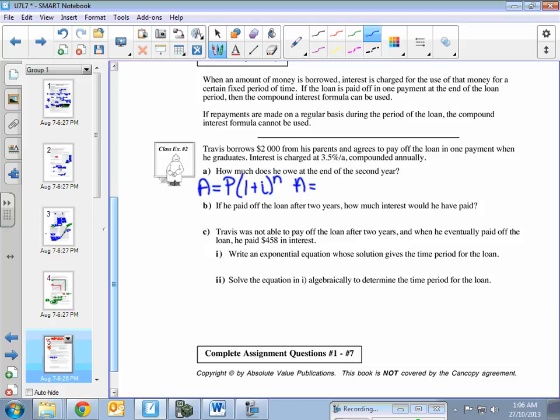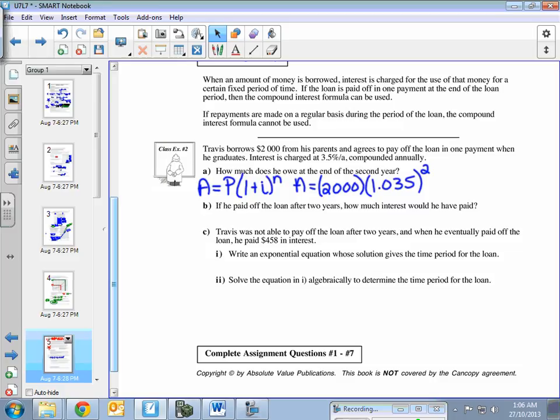A is the amount at the end of the year. Travis is borrowing $2,000, so that'll be our P, our principal. And if the interest is being charged at 3.5%, so we have 3.5% plus 1, it'll be 1.035. And if we're talking about the end of the second year, our n will be 2. So our exponent will be 2 here.